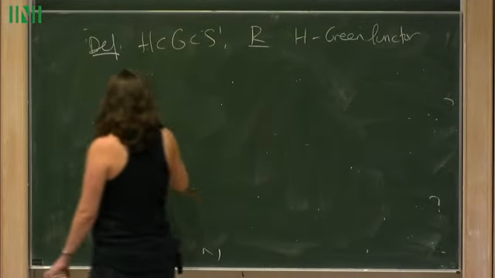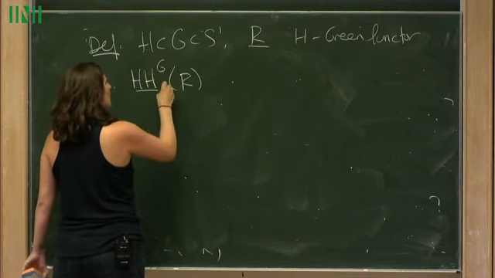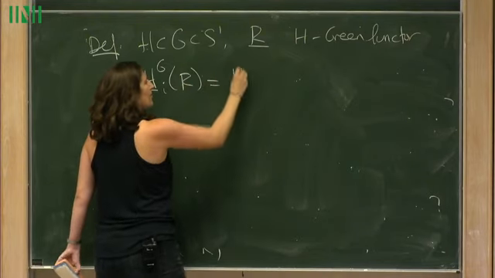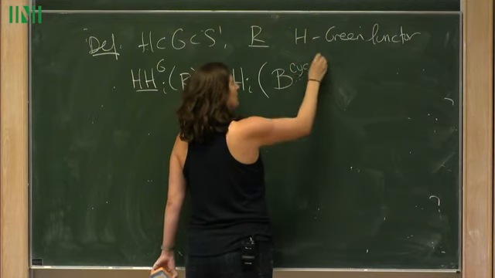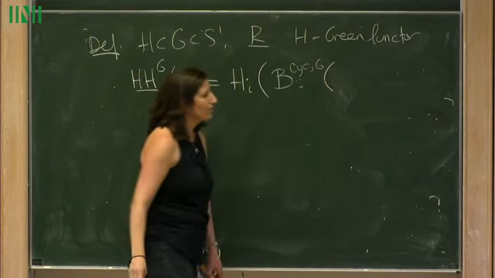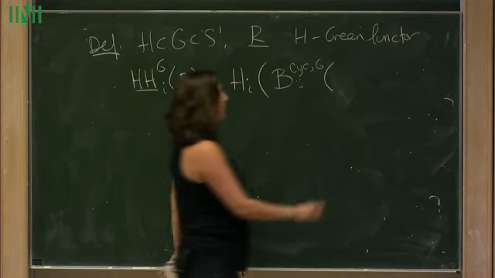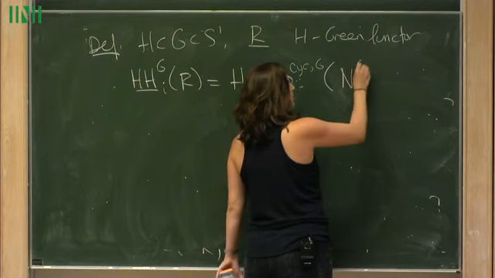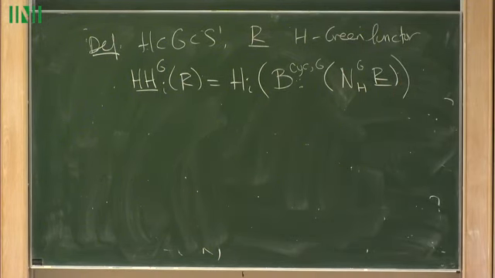And then the G-twisted Hochschild homology of R is going to be the homology of my twisted cyclic bar construction, so the G-twisted cyclic bar construction. This thing takes a G Mackey functor, so the norm from H to G of R. Okay, so this gives me some G-twisted version of Hochschild homology.